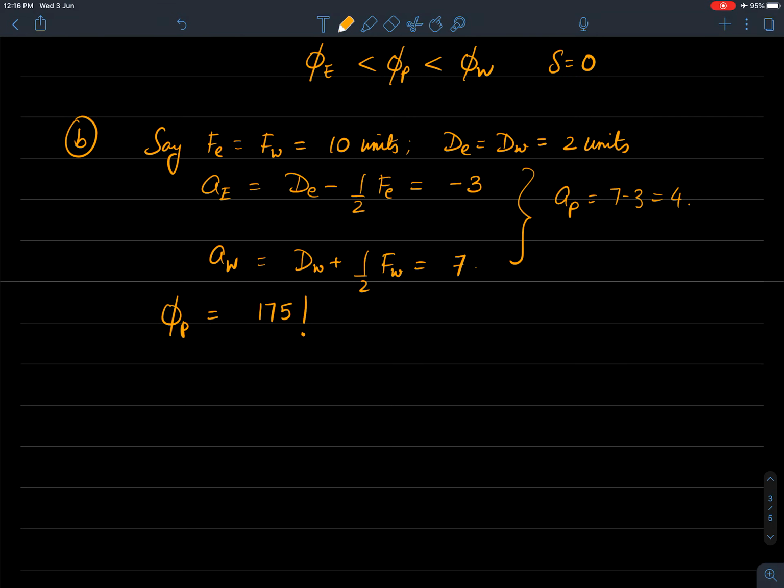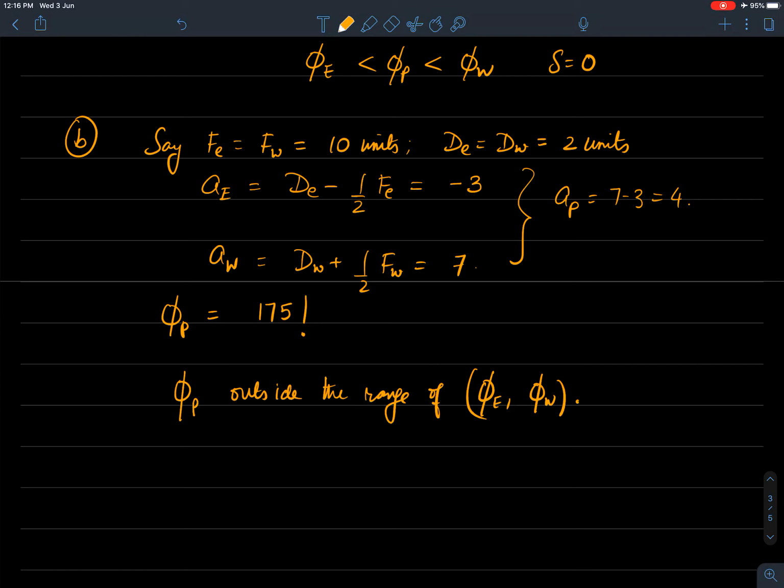So now we have this problem that phi P comes out to be 175, which is outside the range of phi E, phi W.